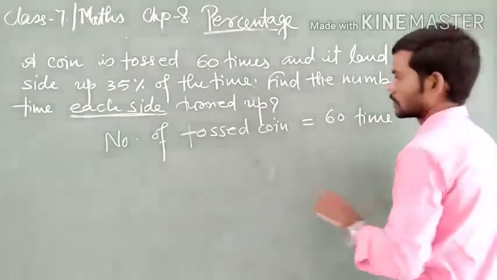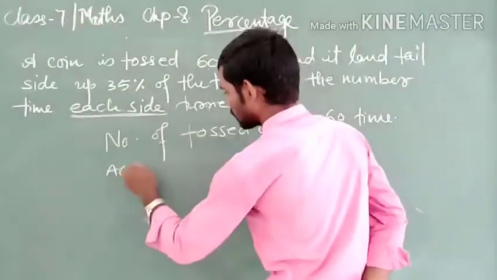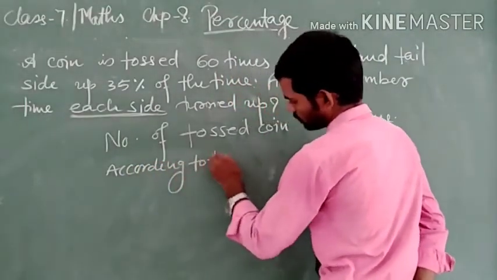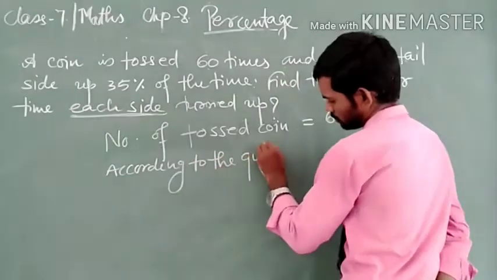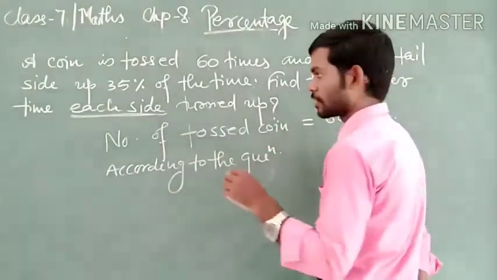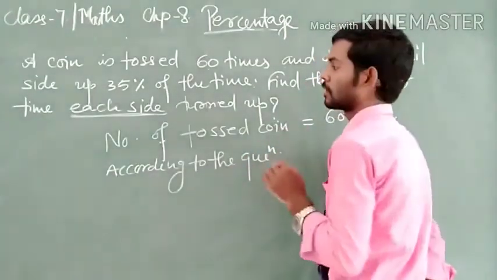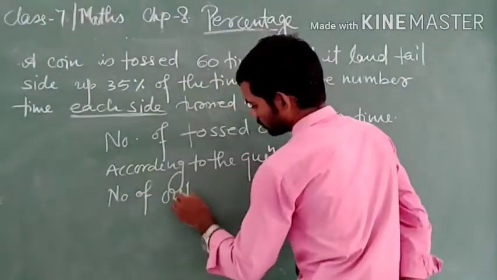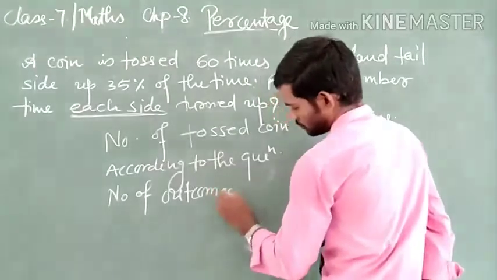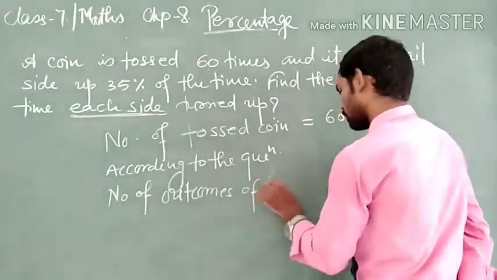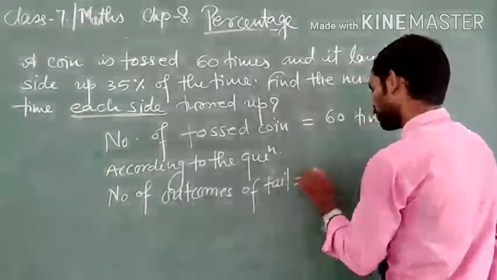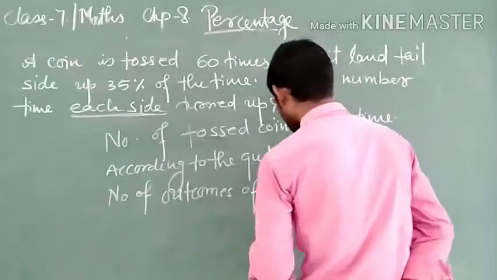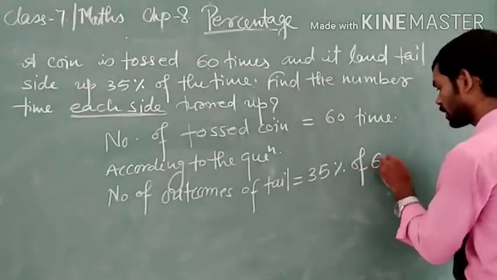Okay. So according to the question, the number of outcomes of tail is 35% of 60.